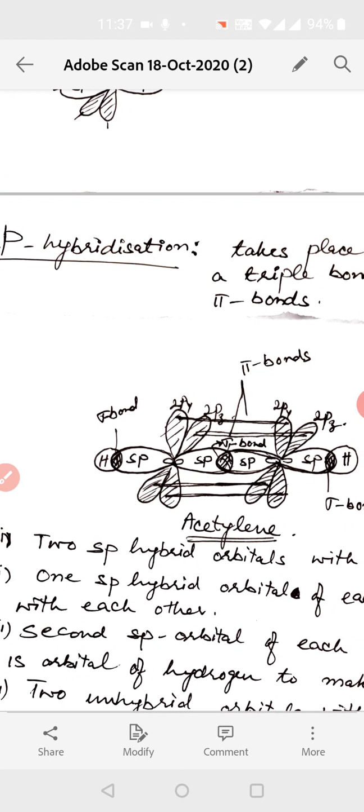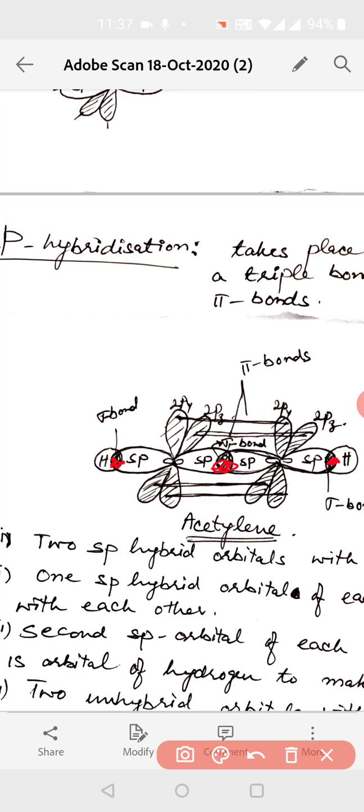Both carbons overlap one sp hybrid orbital with each other to form this sigma bond, and the other sp hybrid orbital combines with the s orbital of hydrogen, and on the other side also it combines with one s orbital of hydrogen. So these are 2 sigma bonds formed by each carbon.